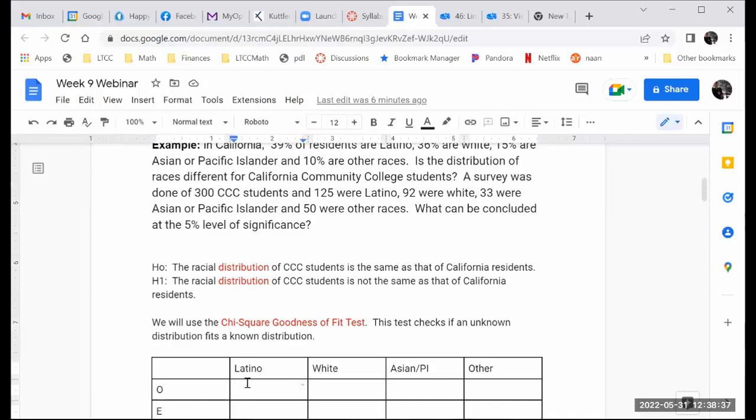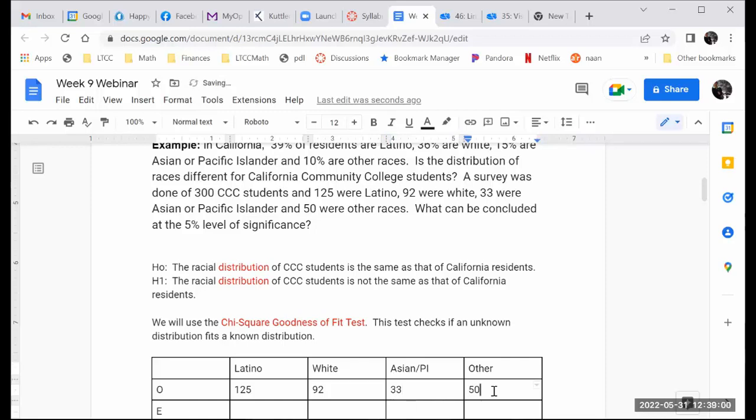For Latino, the observed, we had 125 Latinos. We had 92 whites. We have Asian Pacific Islanders, there are 33. And there were 50 other.